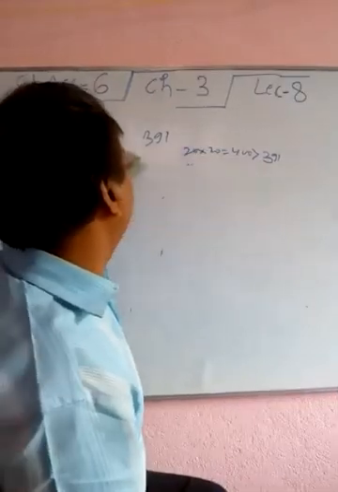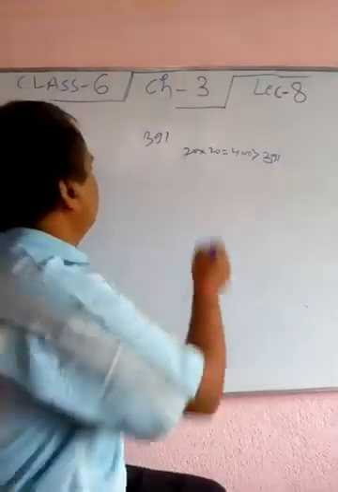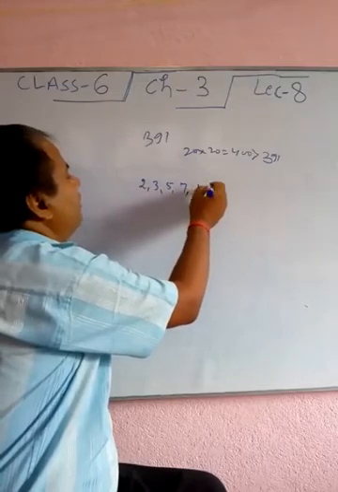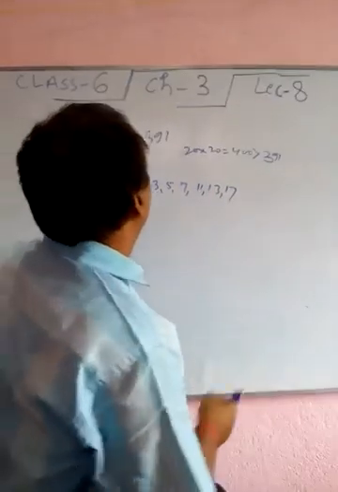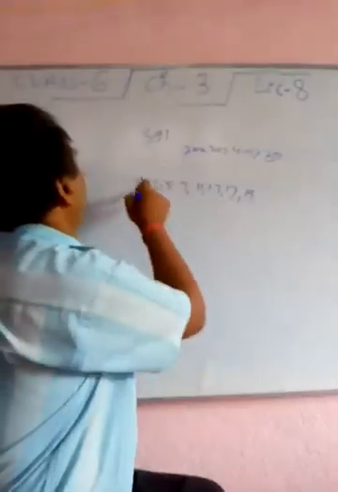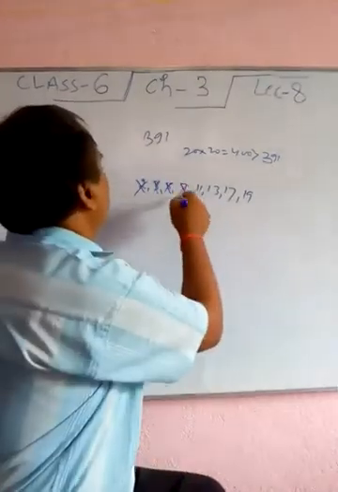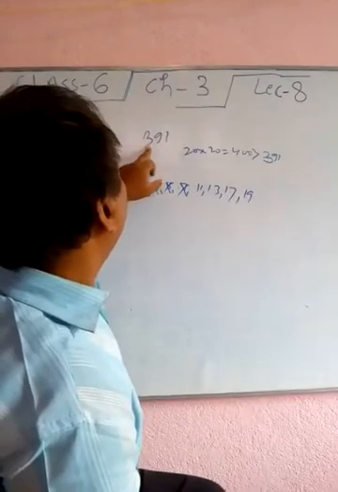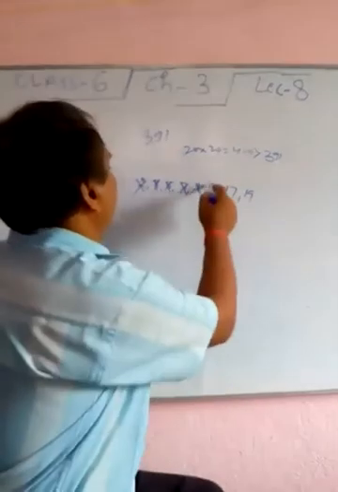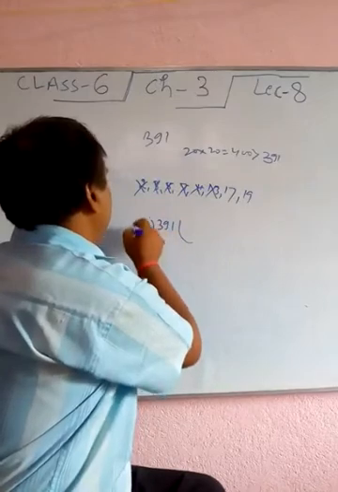So we have to check the divisibility of 391 by the prime numbers less than 20: 2, 3, 5, 7, 11, 13, 17, and 19 also. 2 is not possible, 3 not possible, 5 not possible, 7 not possible, 11 not possible, 13 not possible. 17: you divide 391 by 17.